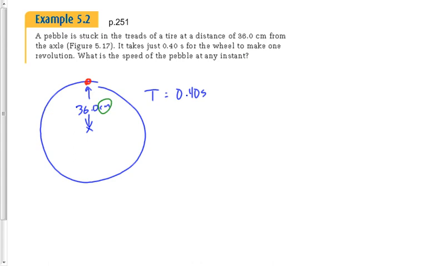Well, v is equal to 2 pi r over T. 2 times pi times 36.0. Let's convert that to meters. 0.360 meters divided by the period, 0.40 seconds.